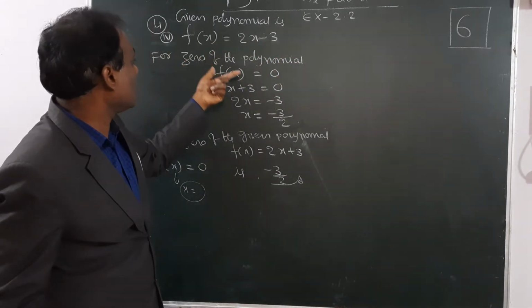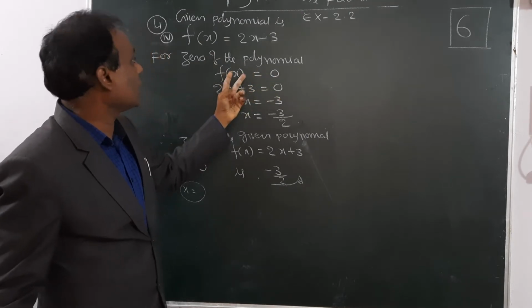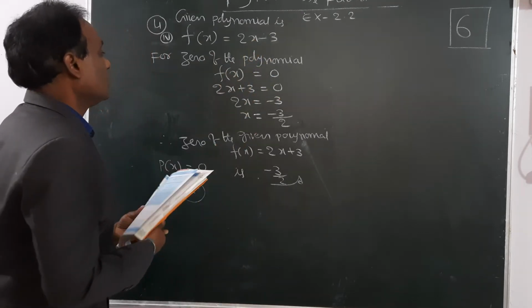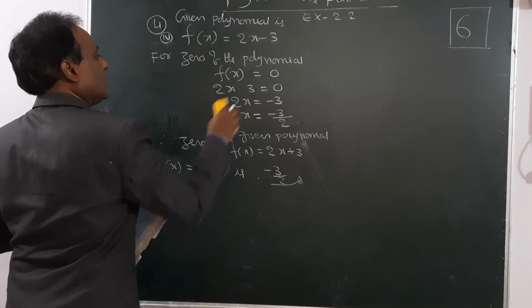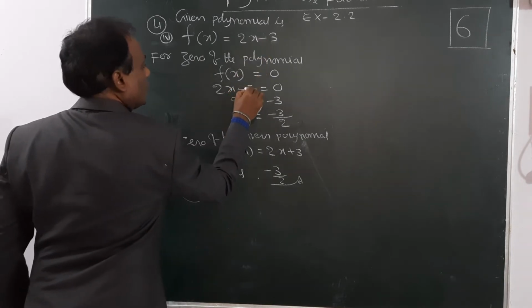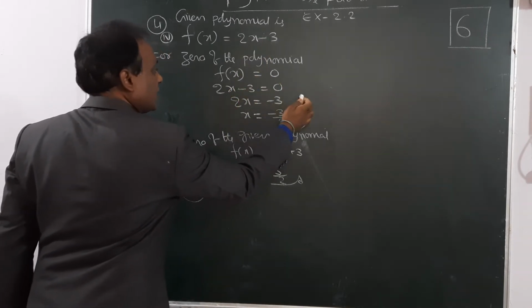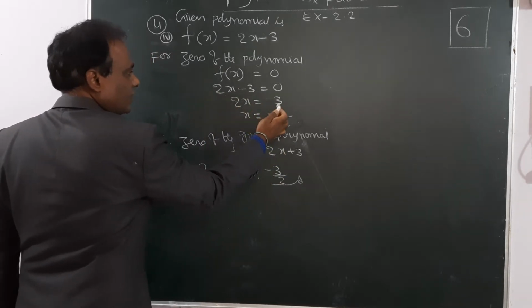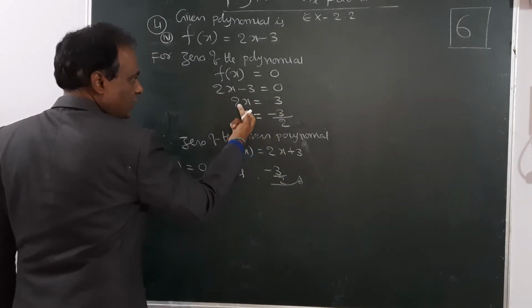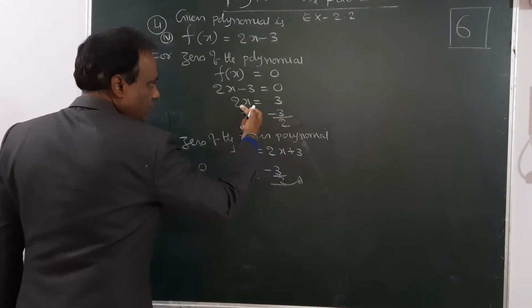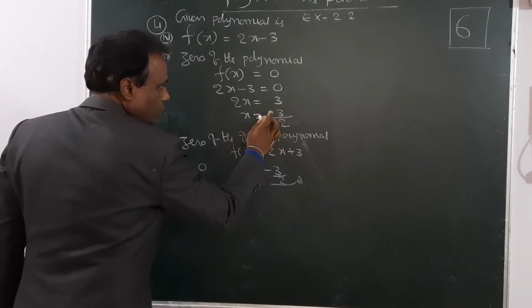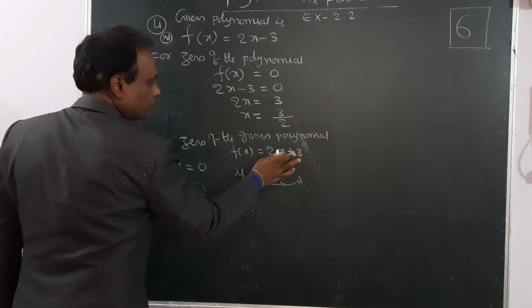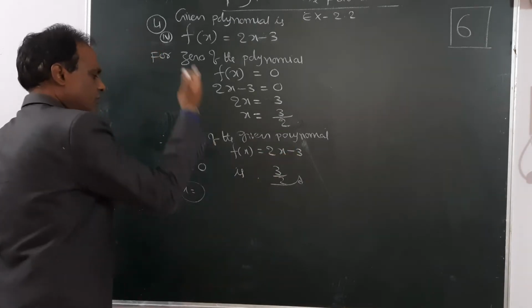We equate this polynomial to 0. The given polynomial is 2x minus 3, and 2x minus 3 is equated to 0. Minus 3 to the right side, plus 3. 2 is in multiplication, so if you take it to the right side it will become the denominator. So 3 by 2.